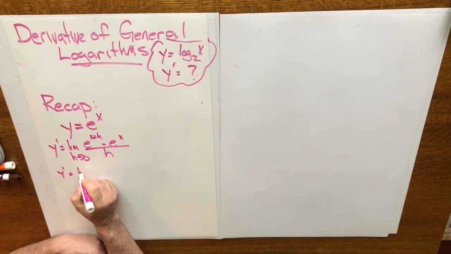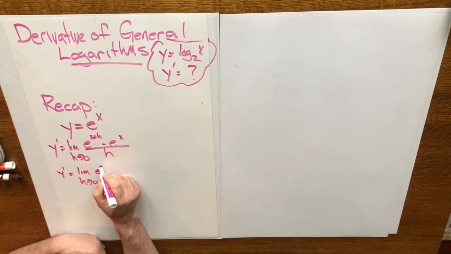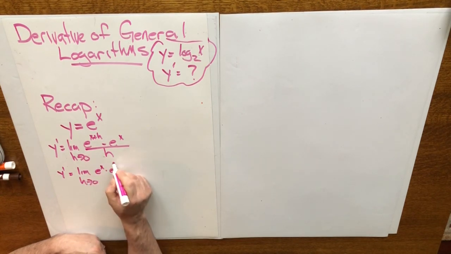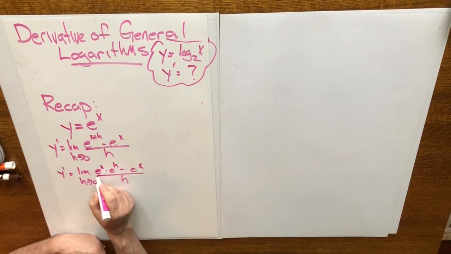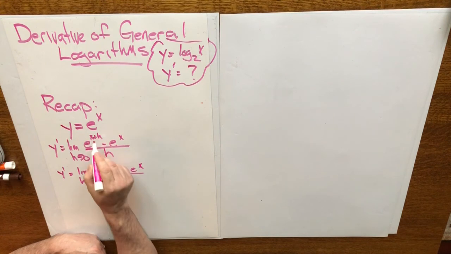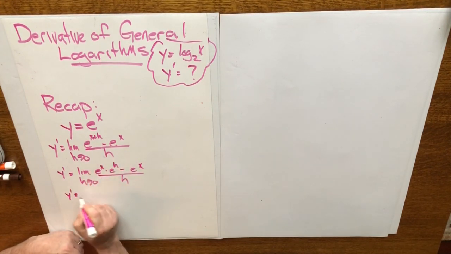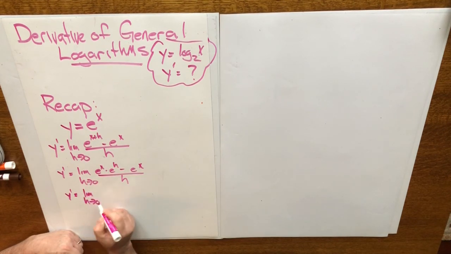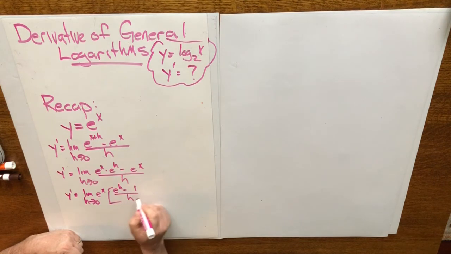We said that first term in the numerator can be broken up to be e to the x times e to the h minus e to the x all over h, so that when you're multiplying, you add the exponents, and we just went the reverse of that. That leaves a common factor in the numerator of e to the x, and you get e to the h minus 1 over h.